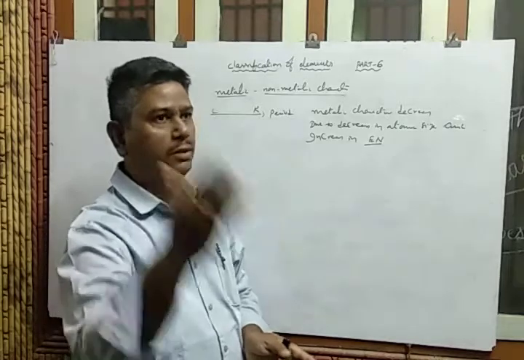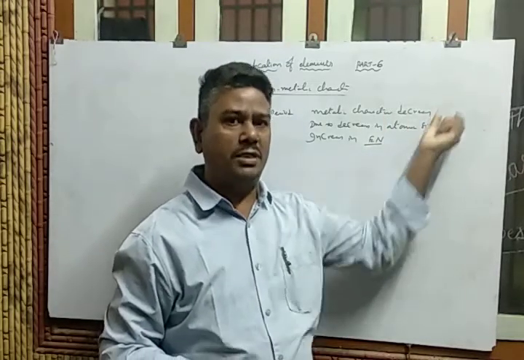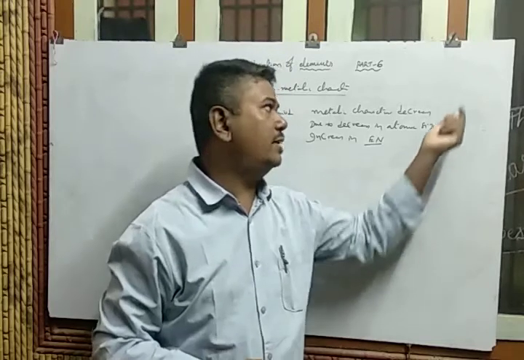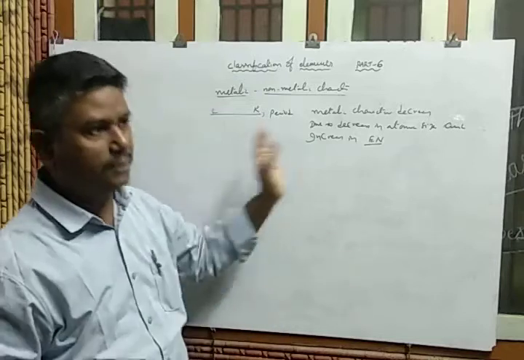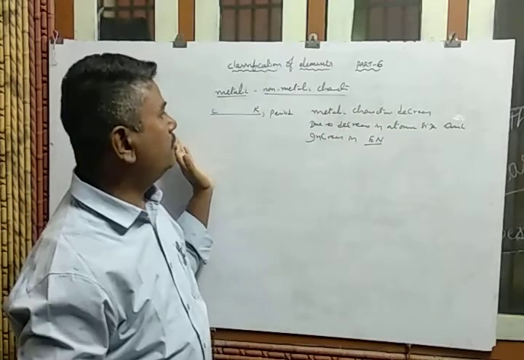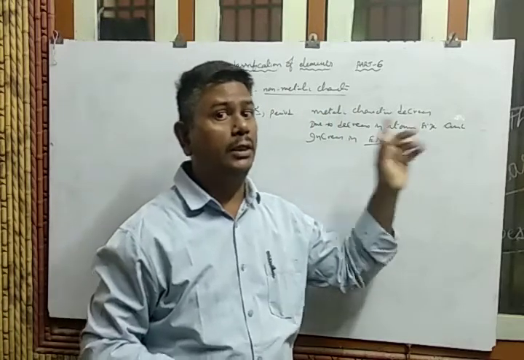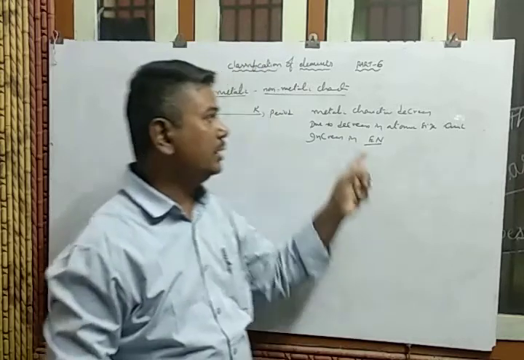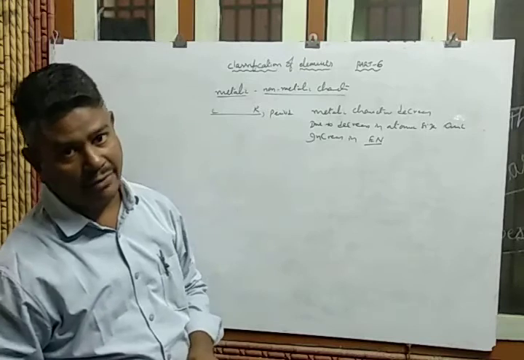While you observe the p block elements, the last group elements are non-metallic only, like fluorine, chlorine, bromine, as well as helium, neon, argon, krypton, xenon, radon. So these elements are gaseous only. Am I right? So that's why, while you are moving from left to right in a period of the periodic table, the metallic character decreases due to the decrease in the atomic size and increase in the electronegativity.